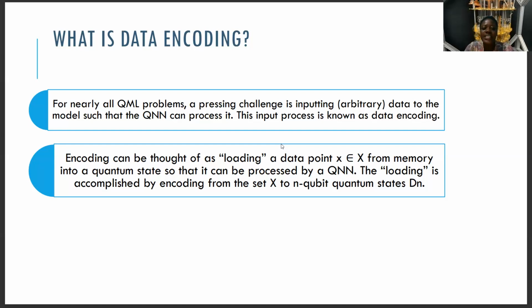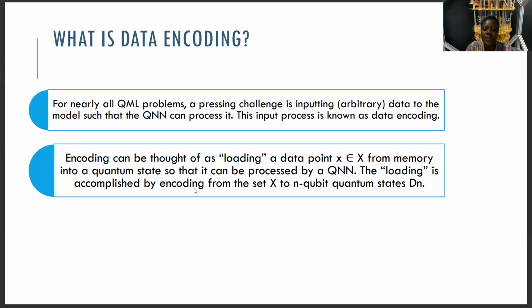So data encoding is simply the transformations that we make to the data set before we can use it in the quantum models. The encoding can be thought of as loading a data point X belonging to a bigger domain X from memory into a quantum state so that it can be processed by a quantum neural network.